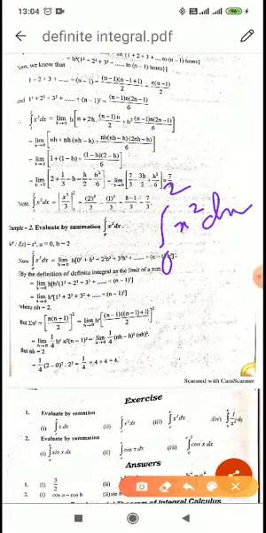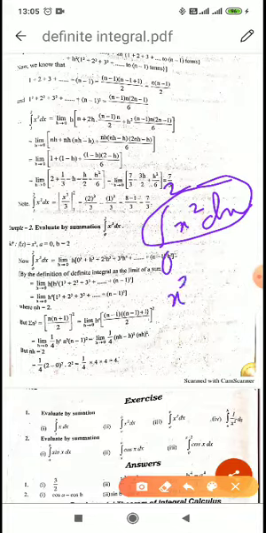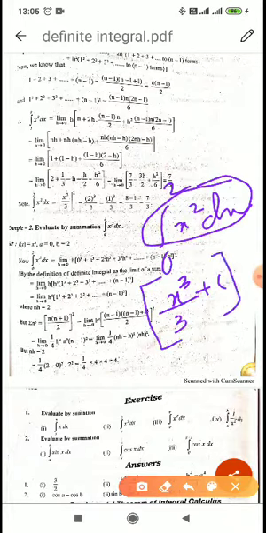Now forget about the 0 and 2 and just focus on this part. What is the integration of x square? It is x cube by 3 plus c. Now the lower limit is 0 and the upper limit is 2.